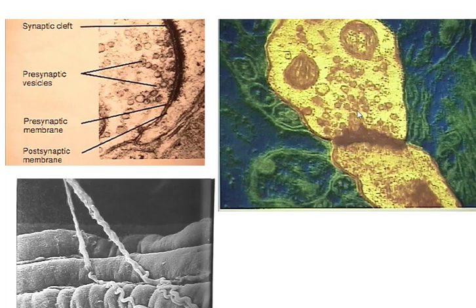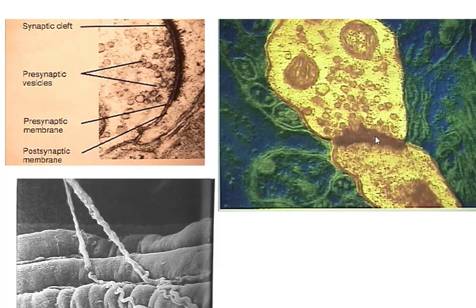Here's an even closer picture of it right here. Here are your bags of acetylcholine, your vesicles. Here's your synaptic cleft right there. And then there's your muscle fiber, which is your muscle cell.